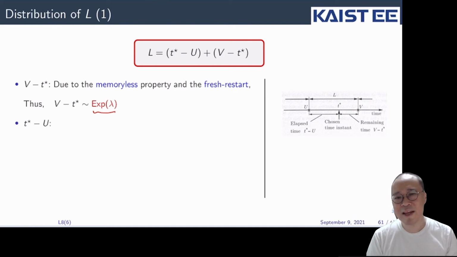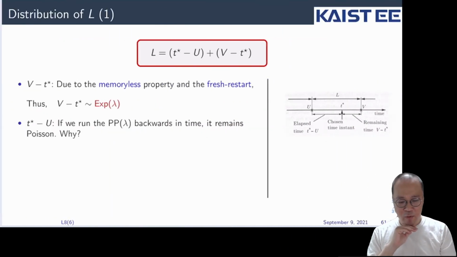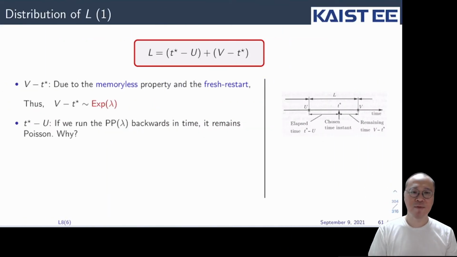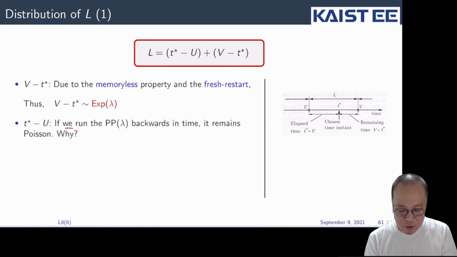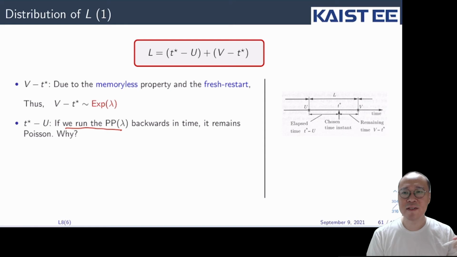What about t star minus u? Well, t star minus u is this length, and how can we study that mathematically? So we're going to do a little bit of a trick. We run the Poisson process in backward time.